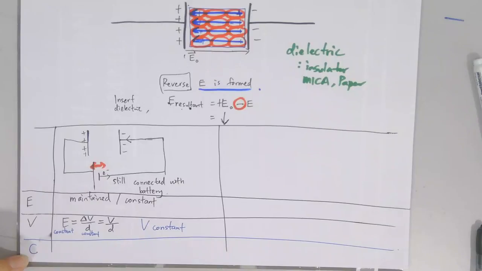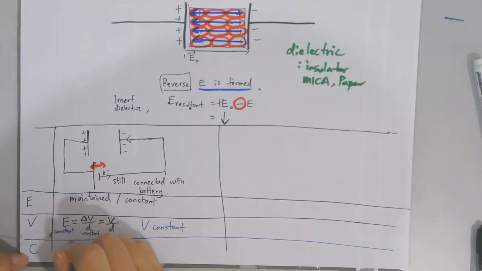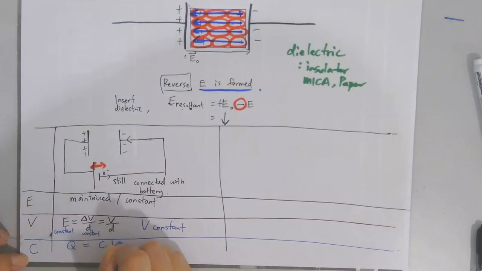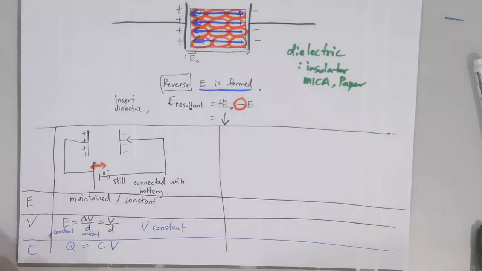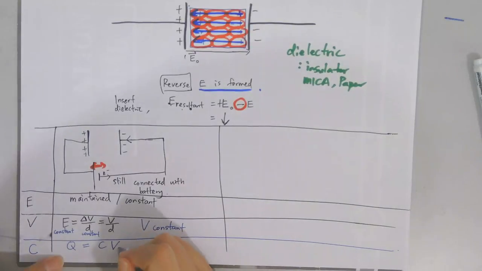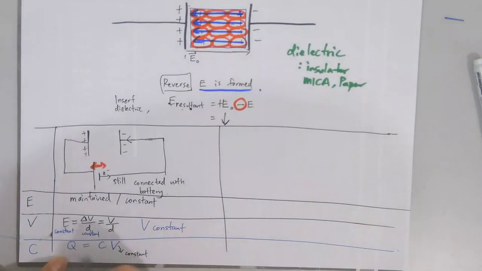Jadi untuk case ini, untuk saya tahu apa yang berlaku kepada capacitance, we will use the equation Q equals CV. So V, as I say, is constant in this case. And saya nak tahu apa yang berlaku kepada C. So I should know what happened to charge.